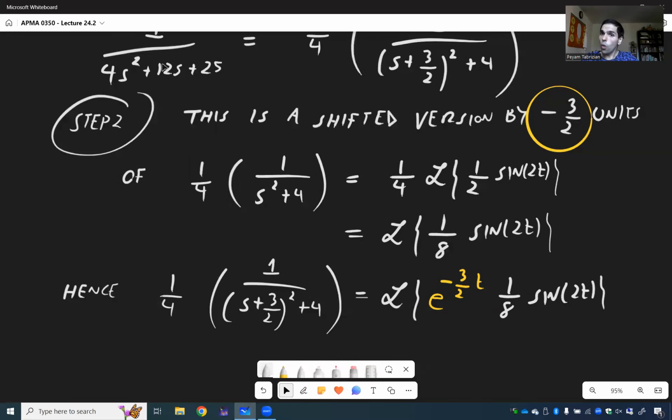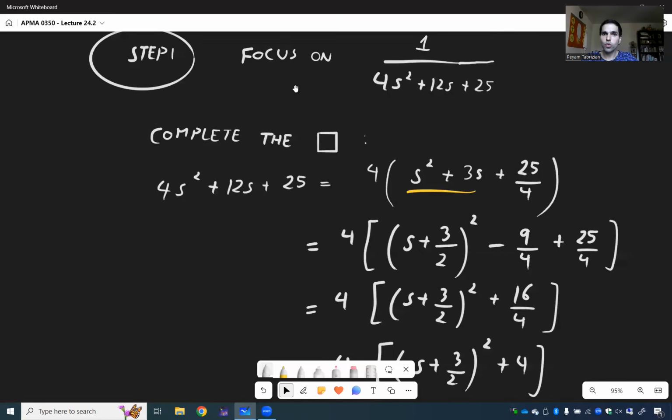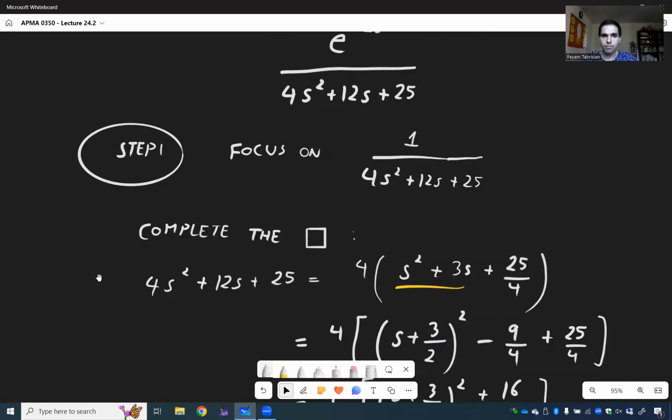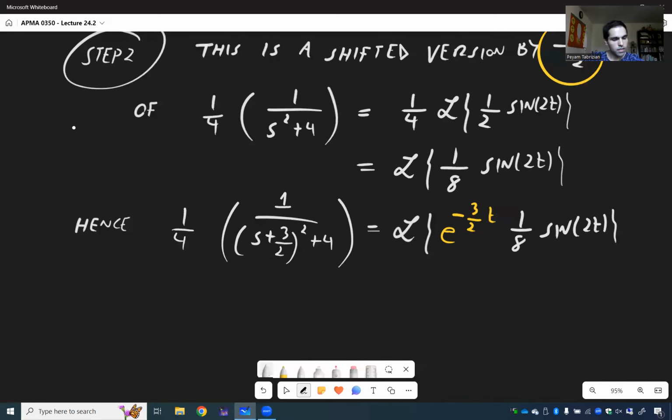So we did the whole thing without the exponential term. And now if you scroll back, all we need to do is add the exponential term. So step 3. So what did we have?